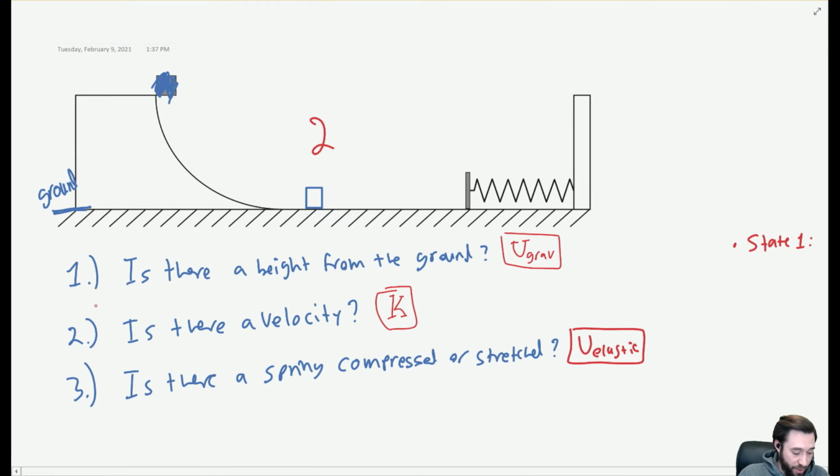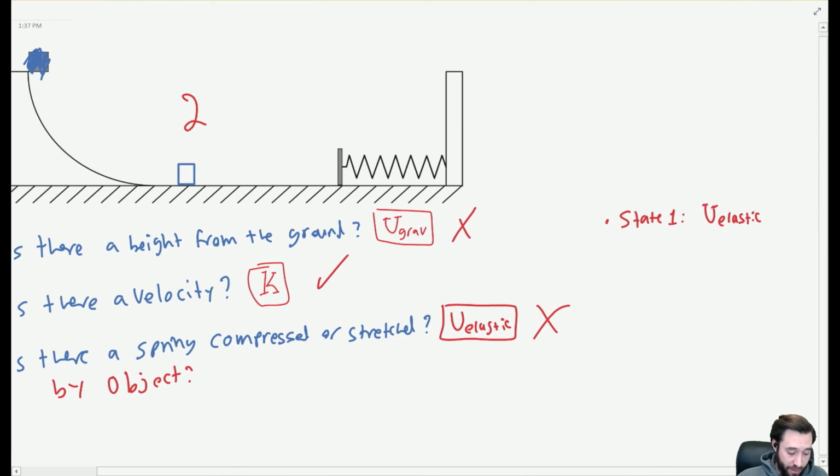The first question, is there a height from the ground? No. Does the object have a velocity? Yes, it does. And is there a spring that's being compressed or stretched by the object? No. So the only one that is present is going to be kinetic.